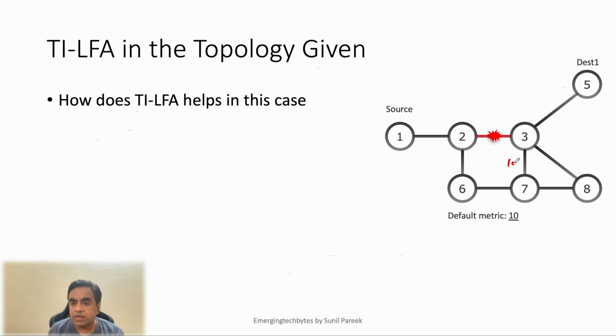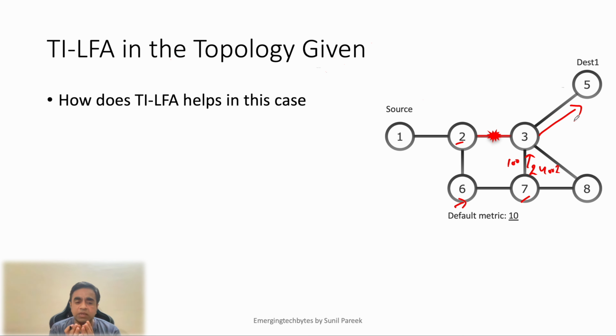If we take this higher metric example, as I had shown earlier also, the traffic from 2 will be sent to 7 via 6, and it will use this adjacency SID. Let's say I'm just assuming that this is the label. So the adjacency SID is what it will use to send the traffic in this direction towards 3. Once the traffic reaches 3, it will go to 5.